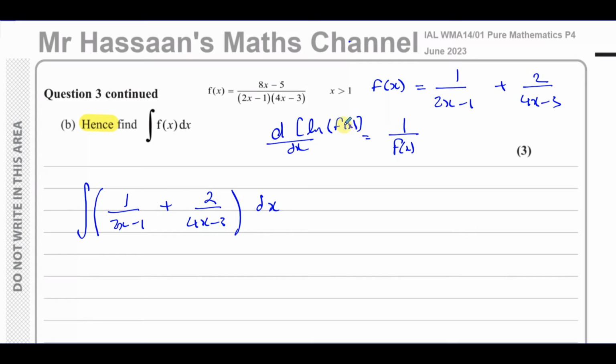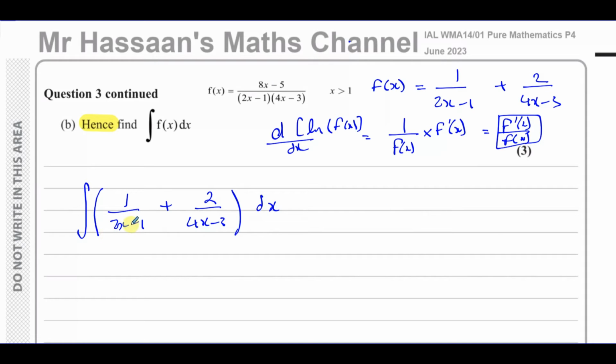So 1 over whatever's inside the ln function. But then because of the chain rule, you multiply by the differential of what's inside the function. So you end up with f dash of x over f of x. So if you have the numerator as some multiple of the differential of the denominator, you can reverse the chain rule. So if you can see this pattern here, you can reverse the chain rule.